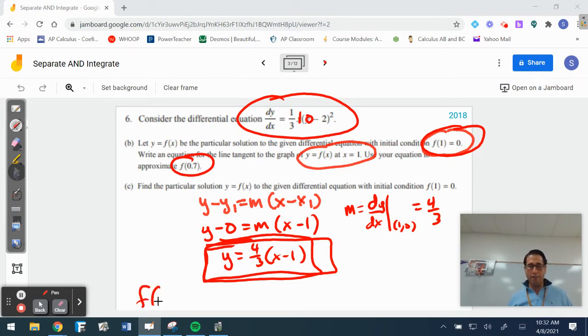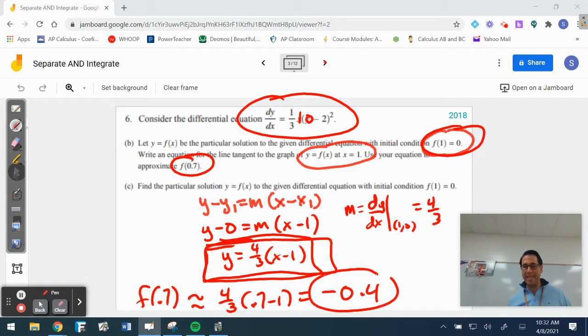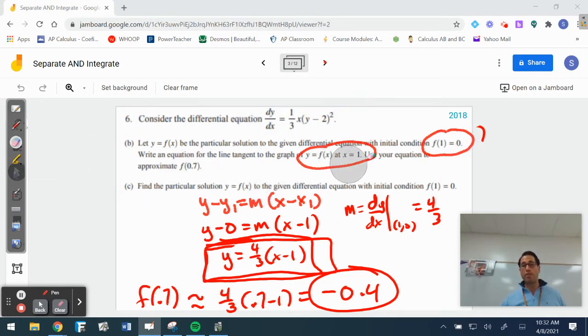Well, f of 0.7 approximated would just be 4/3 times (0.7 minus 1), which gives me negative 0.4. We should easily be able to do that without a calculator: that would be negative 0.3, and 0.3 is 3/10, the 3 cancels, and I get an answer right there. So far that's 4 out of the 9 points that you could have earned for this separate and integrate problem.